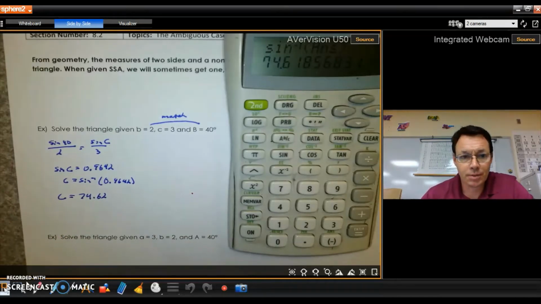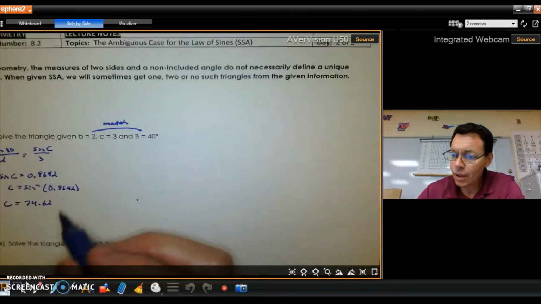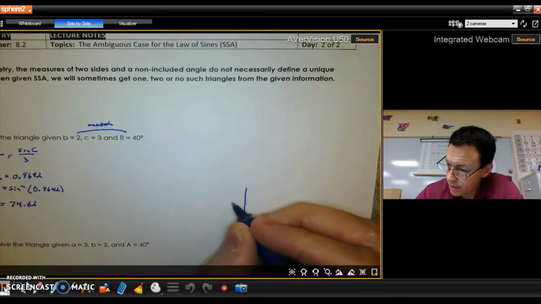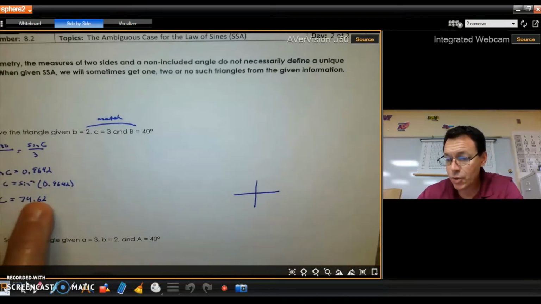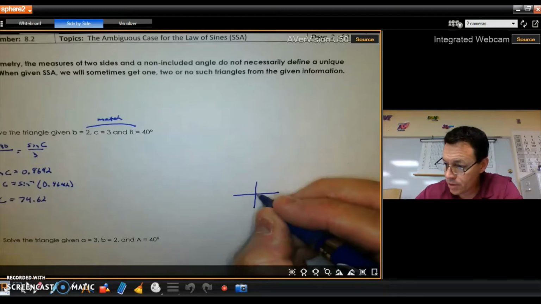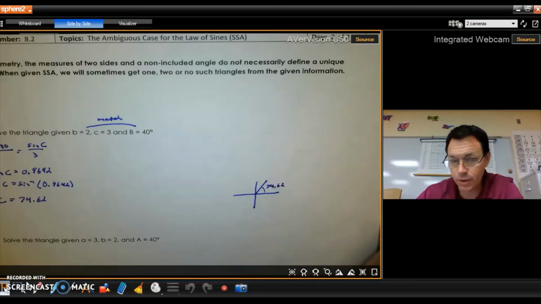But here's our problem, and here's where the ambiguous part comes into play. If you remember, when you're solving an equation, there are actually 2 angles that have a sine value of 0.9642. One of them is over here. That's our 74.62 degree angle.